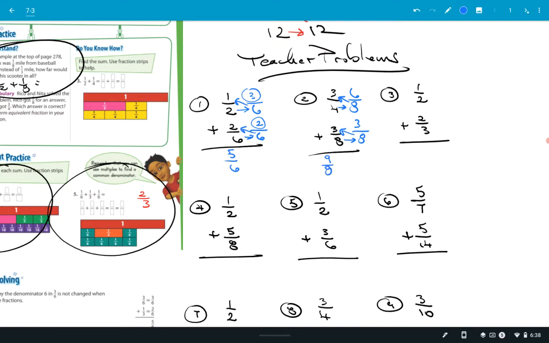Now we have something that I talked about very briefly at the end of the day yesterday. We have an improper fraction, and that's when the denominator, that's the number on the bottom, is smaller than the numerator, that's the number on the top. And I'm not going to mark that wrong for today, but in the future what you would do is then say to yourself, well, how many times does 8 fit into 9?